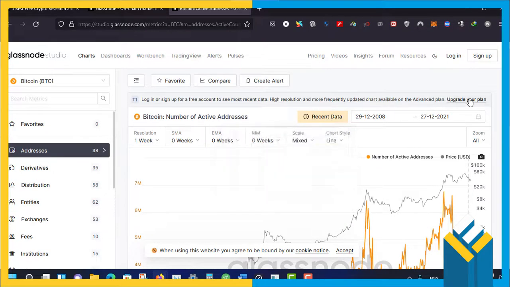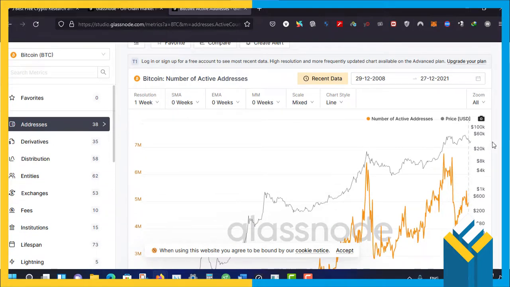You can set it to any time and date you want, and also see the number of active addresses. As you see, we had a great reduction in Bitcoin addresses around 14th June of 2021, but it's going upward up to this time, 15th November 2021.